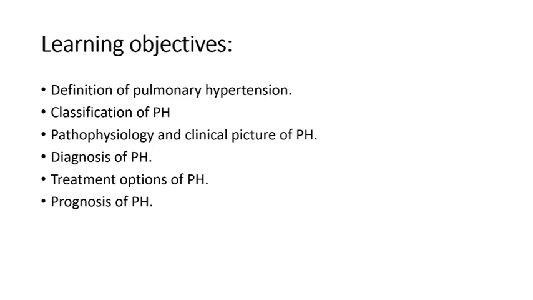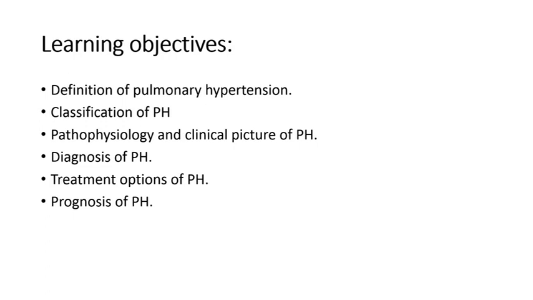By the end of this lecture, we should be able to define pulmonary hypertension, to mention the classification of pulmonary hypertension, to differentiate between different pathophysiologic and clinical picture aspects of pulmonary hypertension, and to properly diagnose a case of suspected pulmonary hypertension.